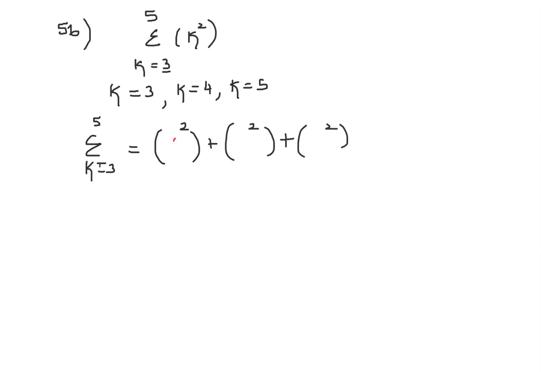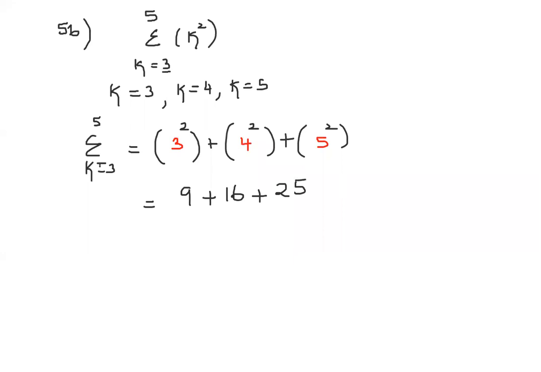It's going to be 3 squared plus 4 squared plus 5 squared. It's going to be 9 plus 16 plus 25. So the answer is 50. So that is the end of this review.